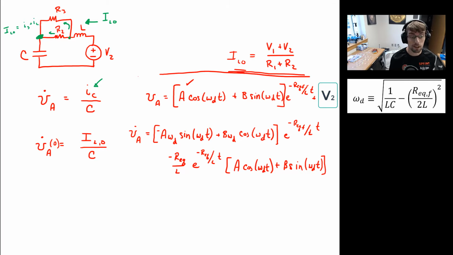Now we have to evaluate this at 0. This will simplify to a smaller extent, right?